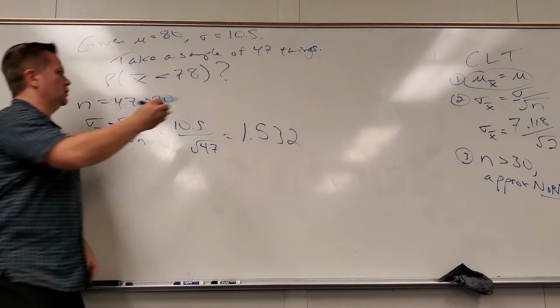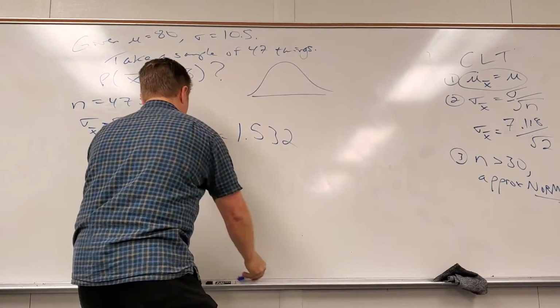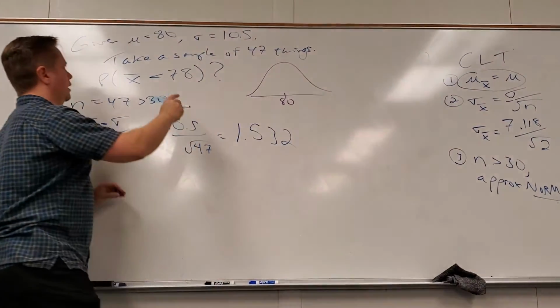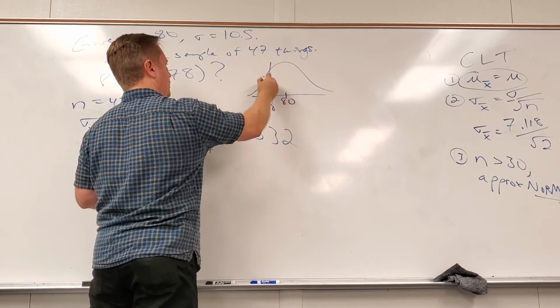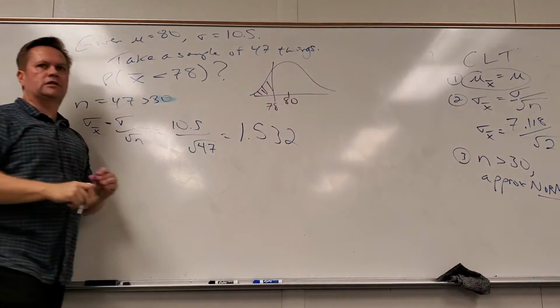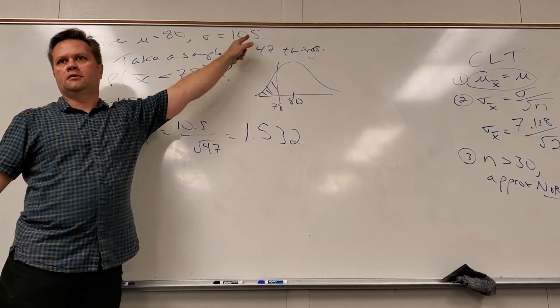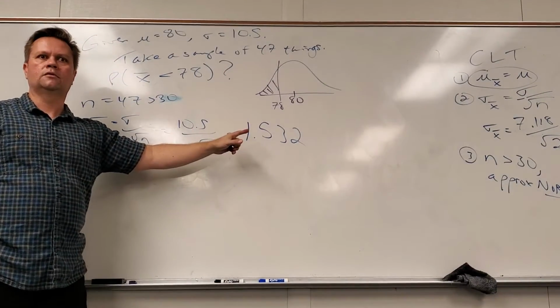Now I draw my picture. What goes in the middle? 80. I like it. And I'm interested in 78. And I want probably less than. It's just when I go to make my z-score, I don't use this. I use this. That's it.